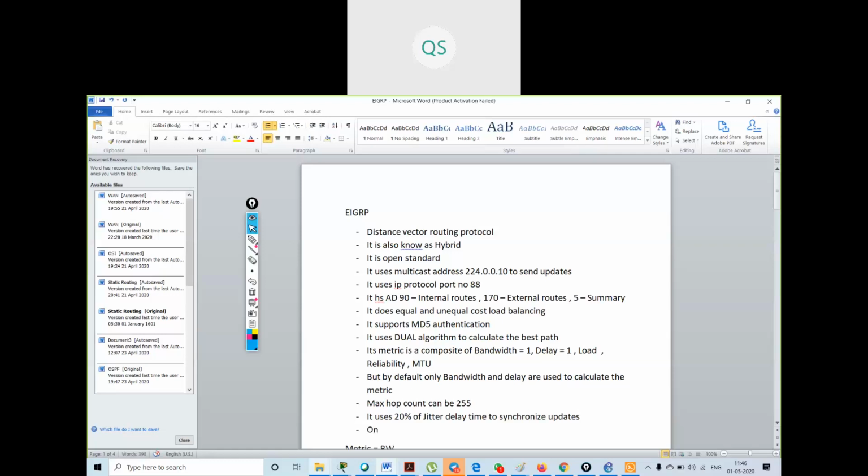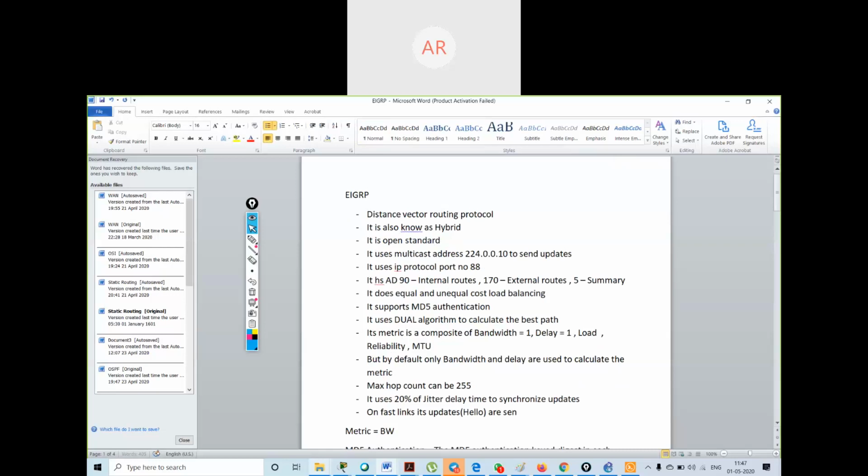Now on fast links, hello packets are sent every 5 seconds.